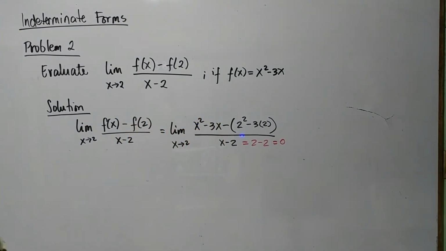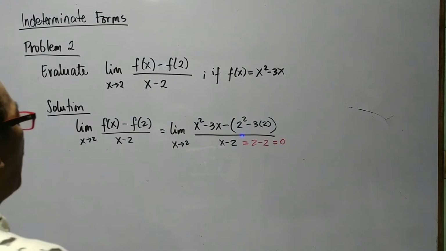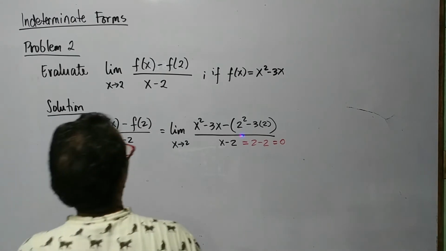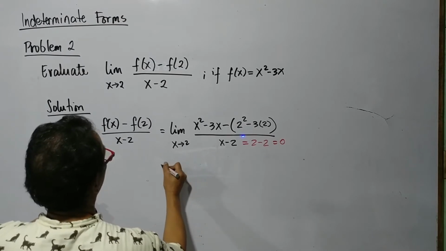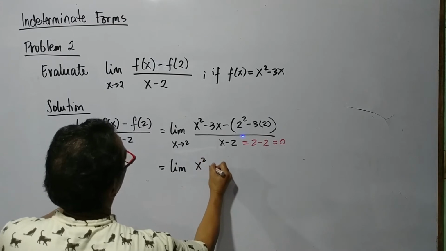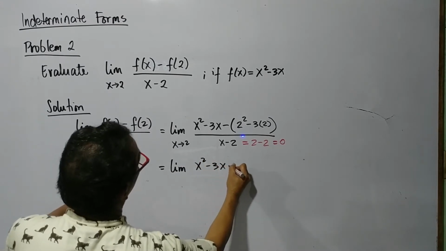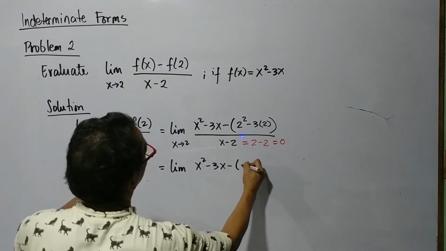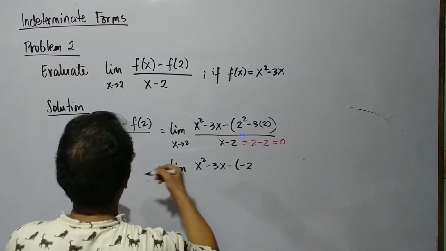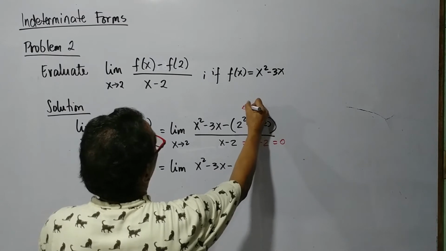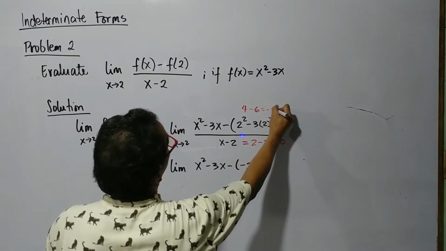It becomes indeterminate again. Okay? So you have to manipulate it. So this is negative 2. 4 minus 6 equals negative 2.